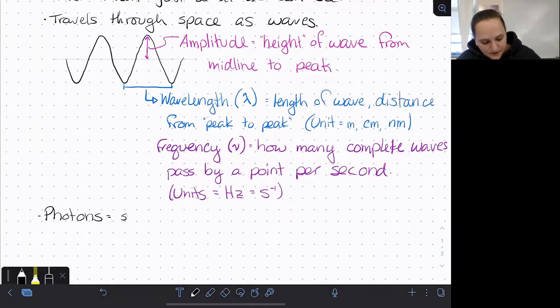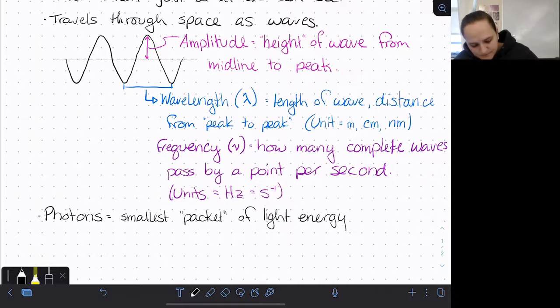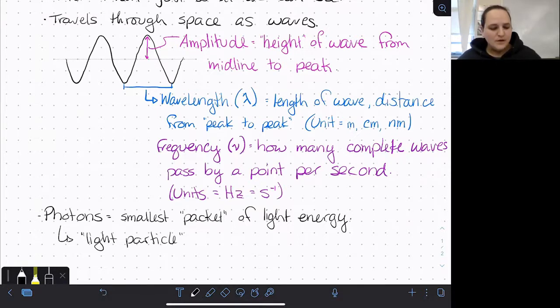And a photon you can think of as being the smallest packet of light energy that you can have. Or like a light particle.